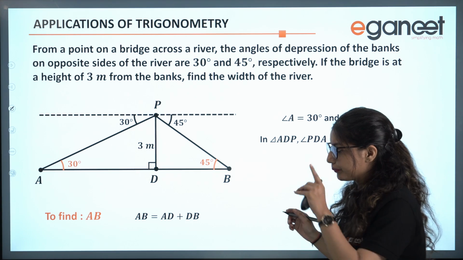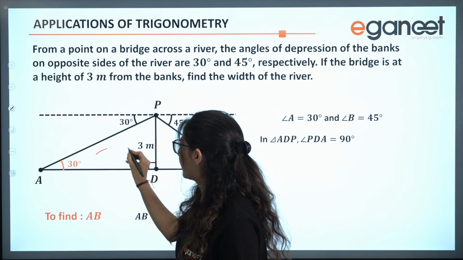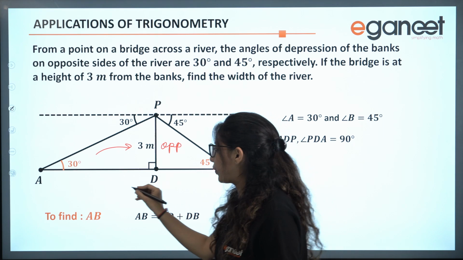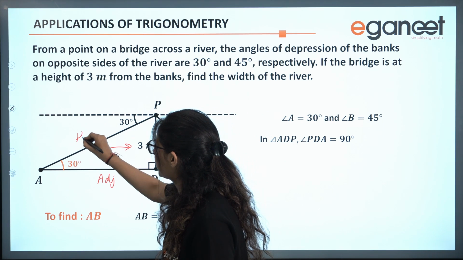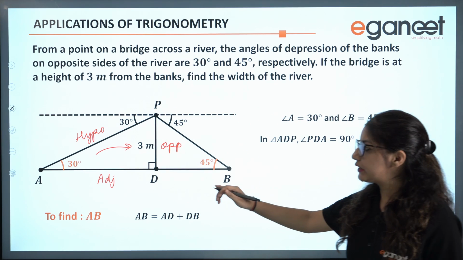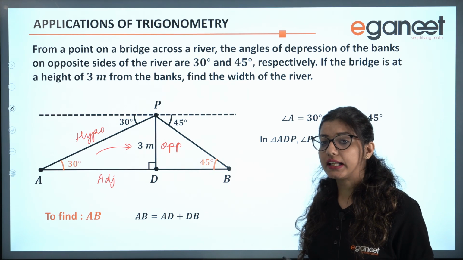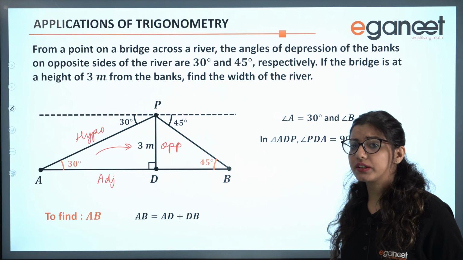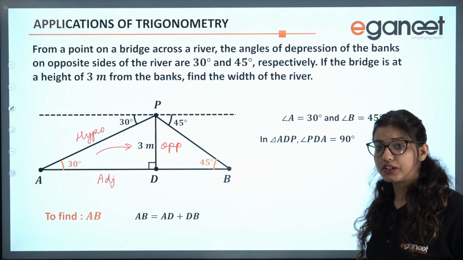Okay, see, here this side is opposite to 30 degrees, right? So this is the opposite side and this one is the adjacent side, as this one is hypotenuse, right? So that means we need the ratio of opposite and adjacent, right? And that is of, yes, it is of tan theta as well as cot theta, so we can use any one of them. Let us use tan theta over here, right?